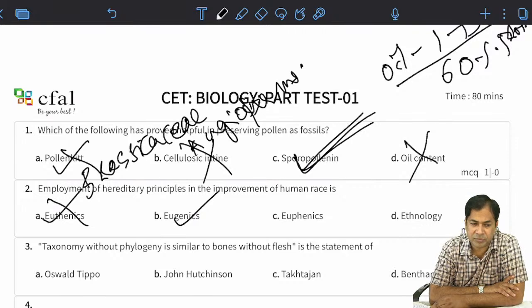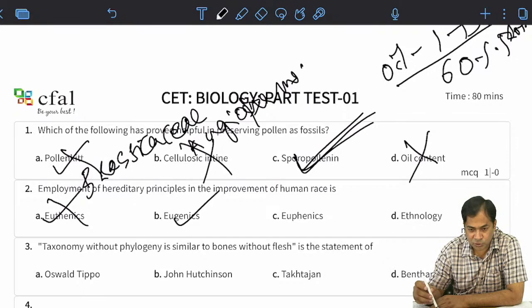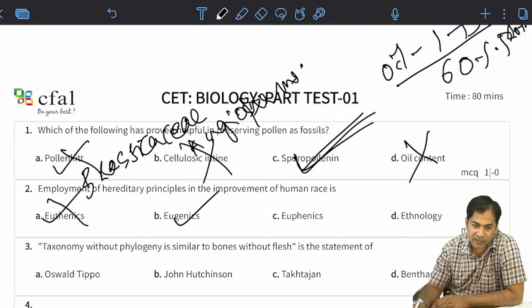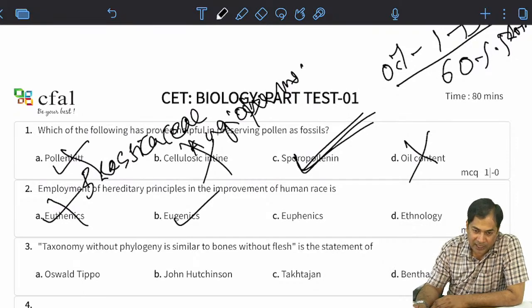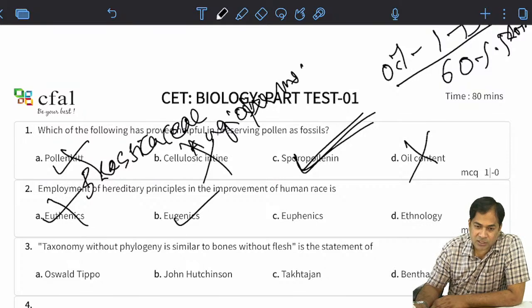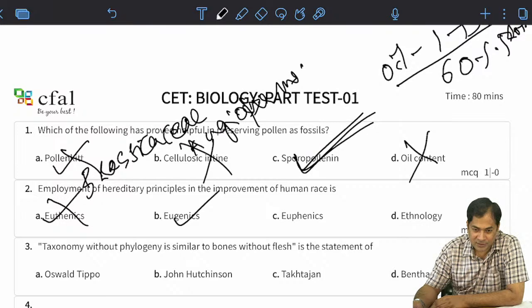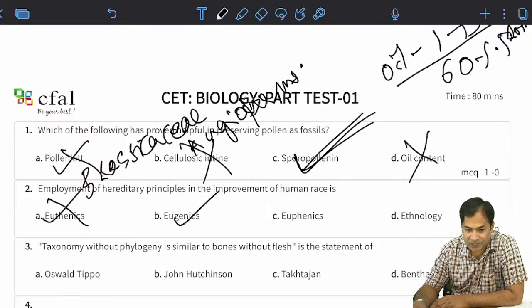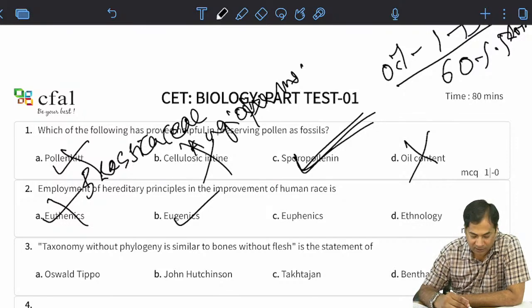In our country, eugenics believes that only intelligent people having good genes should be given the chance to reproduce. It might look like a joke to you, but it is a branch of biology.